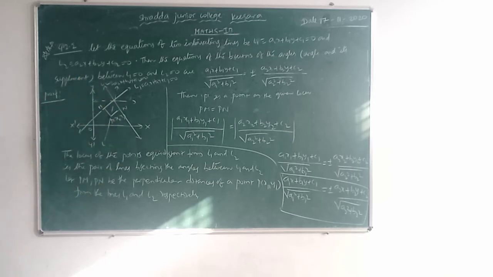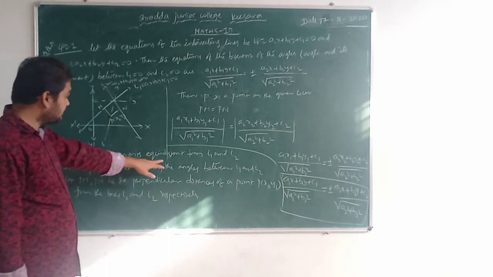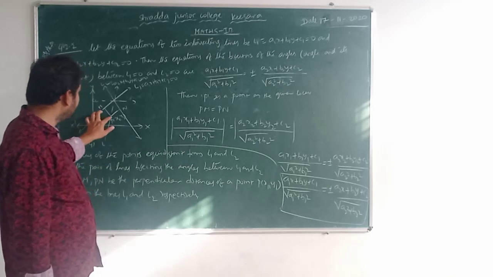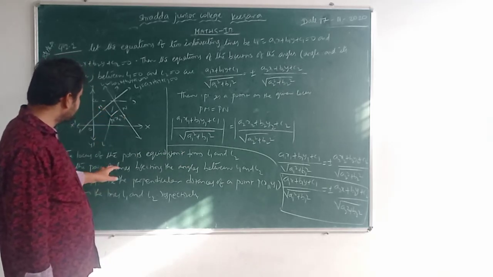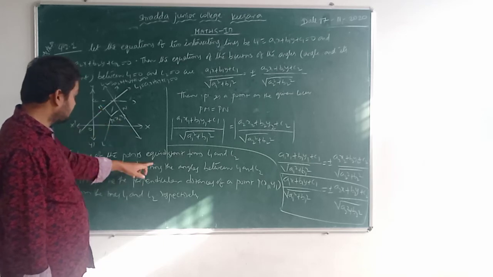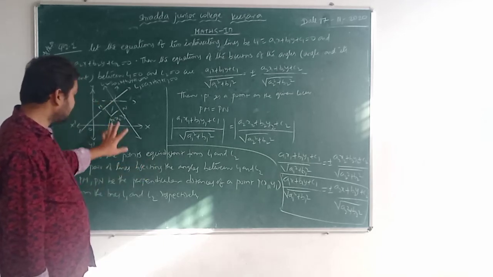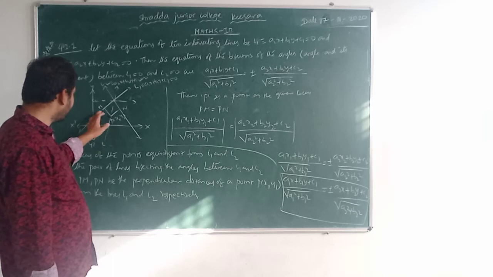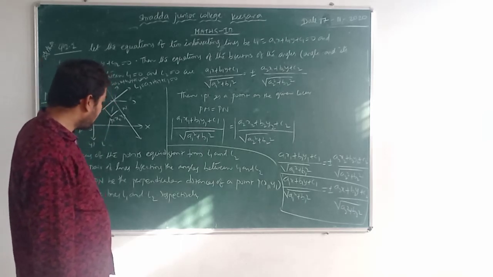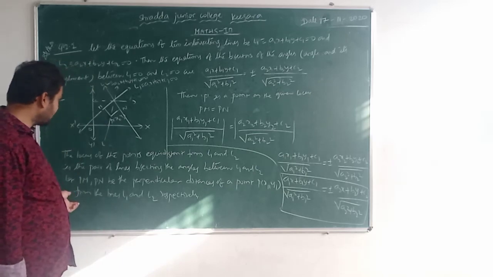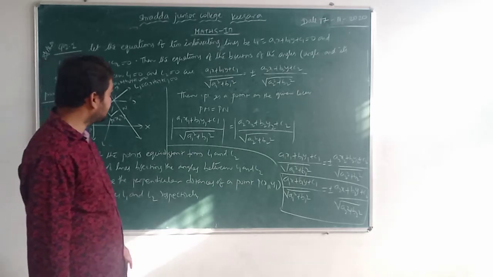See here, the locus of the points equidistant from L1 and L2 is the pair of lines bisecting the angles between L1 and L2, that is PM and PN, the perpendicular distances of a point P(x1, y1) from the lines L1 and L2 respectively.